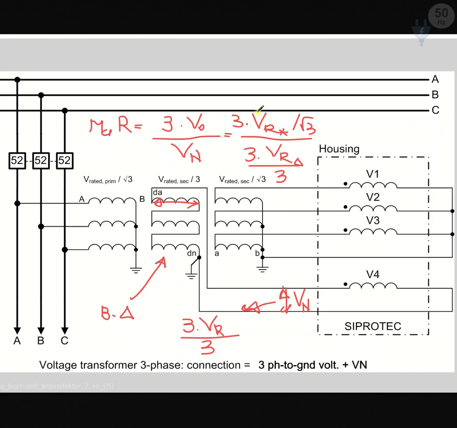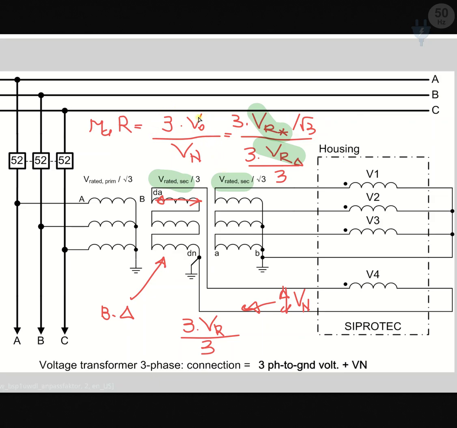This value of V-rated in the star type of winding, whatever it is, we substitute it, and also whatever the voltage on each winding of this transformer is, in a broken delta winding, whatever the V-rated secondary side voltage is, we replace here in VR delta.